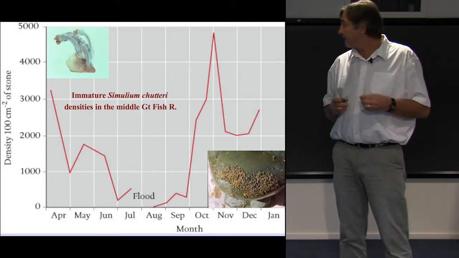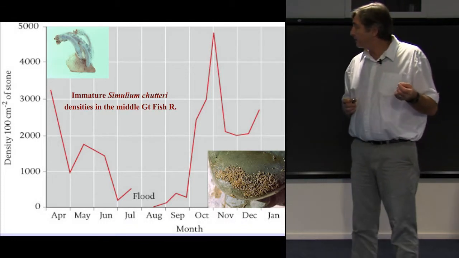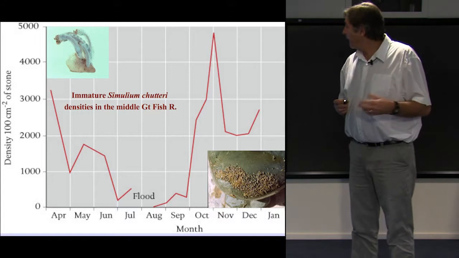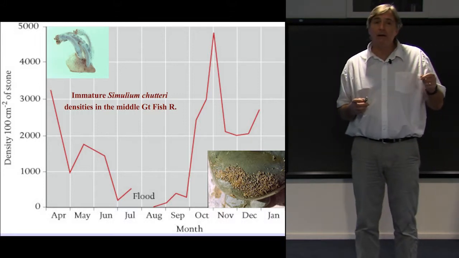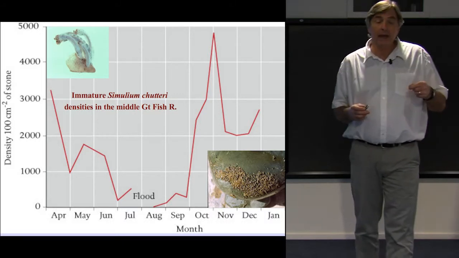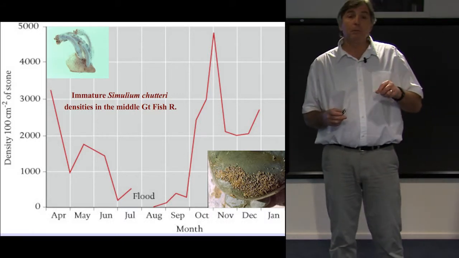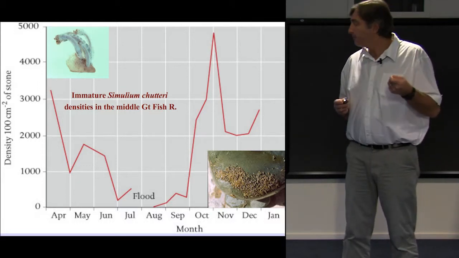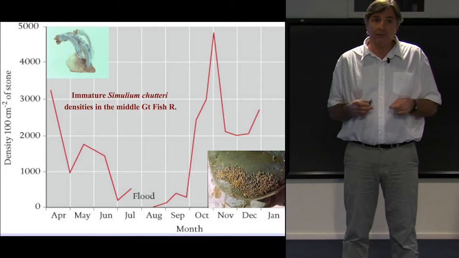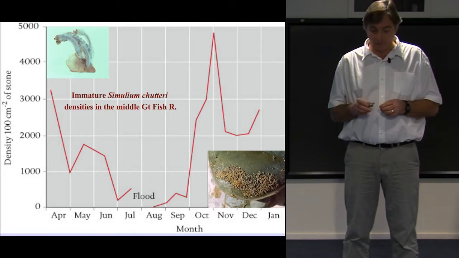So that you can see that the density per 100 centimetres of stone were going up towards 5,000 or so per 100 centimetres. So very, very large spring populations, which cause real problems because, as I said, the female is a blood feeder, and this has become a major agricultural pest, biting farm stock.